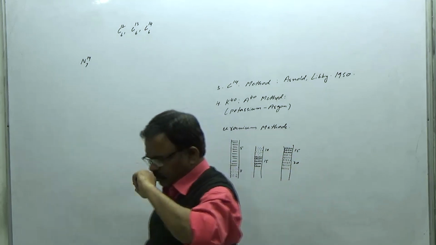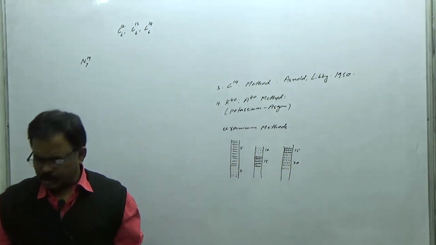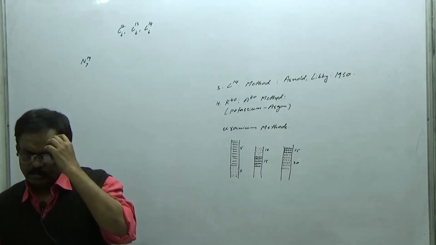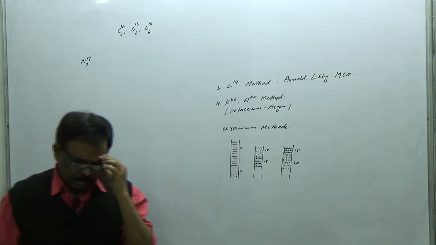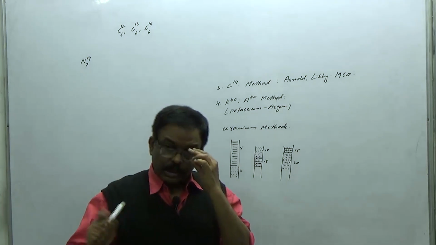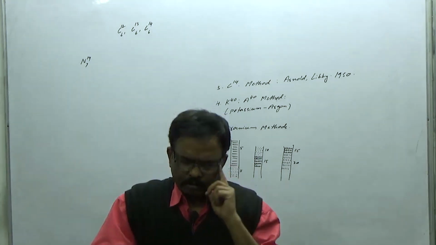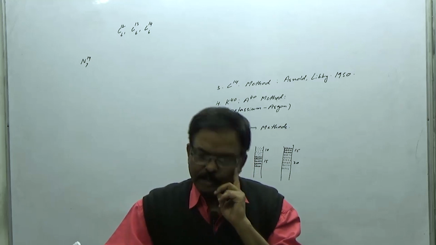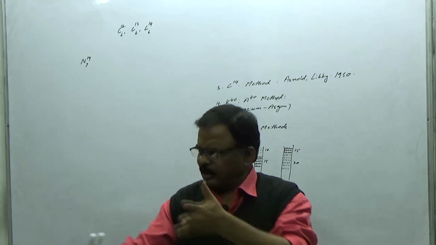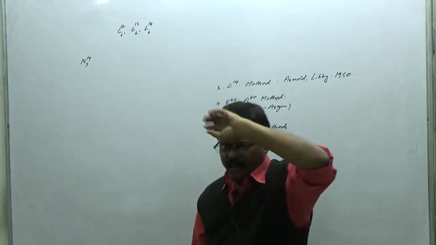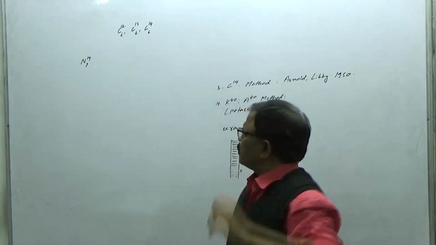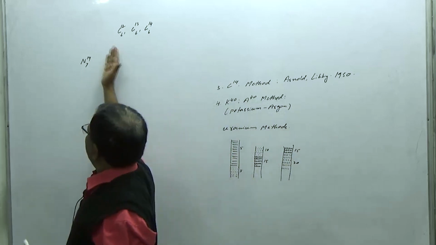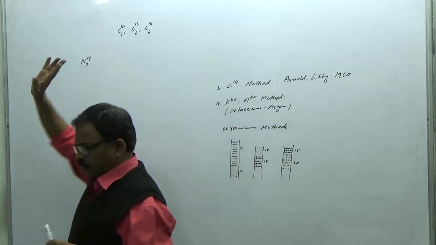Next one, argon, 0.9, almost 1%. Next one, carbon dioxide, 0.03%, very negligible. The remaining are in ppm, parts per million only. Anyhow, nitrogen is the most abundant element in the atmosphere.